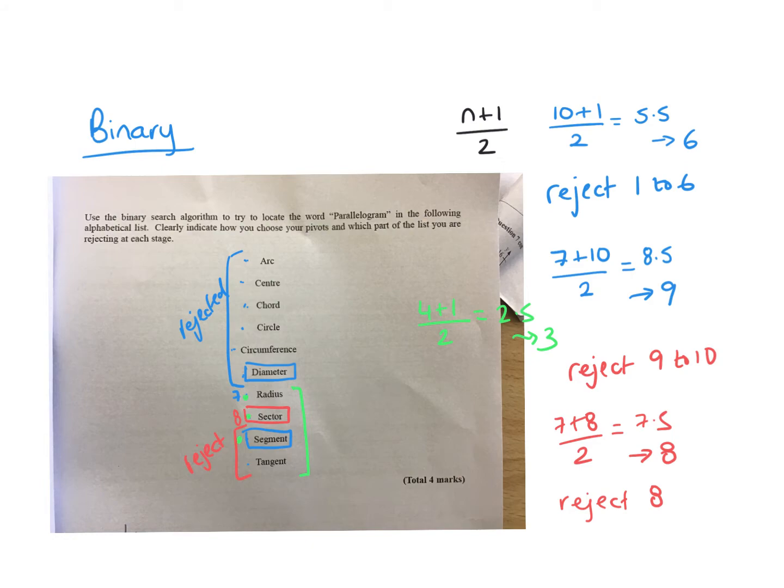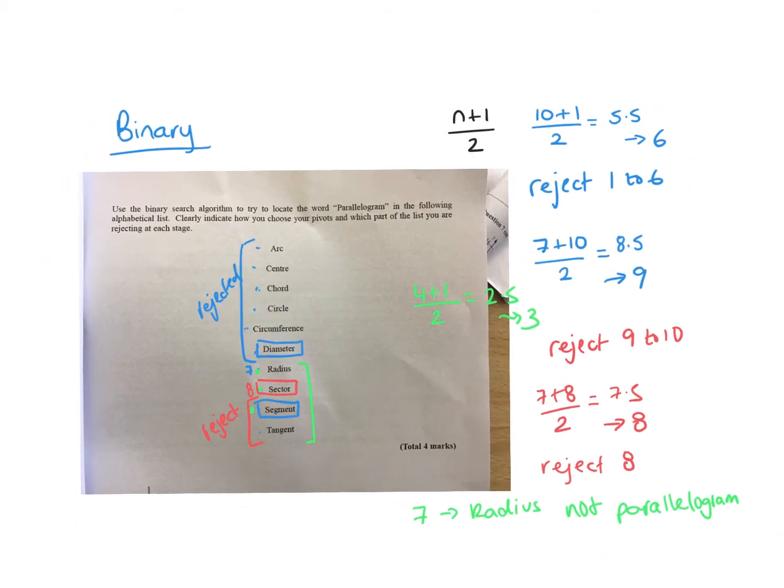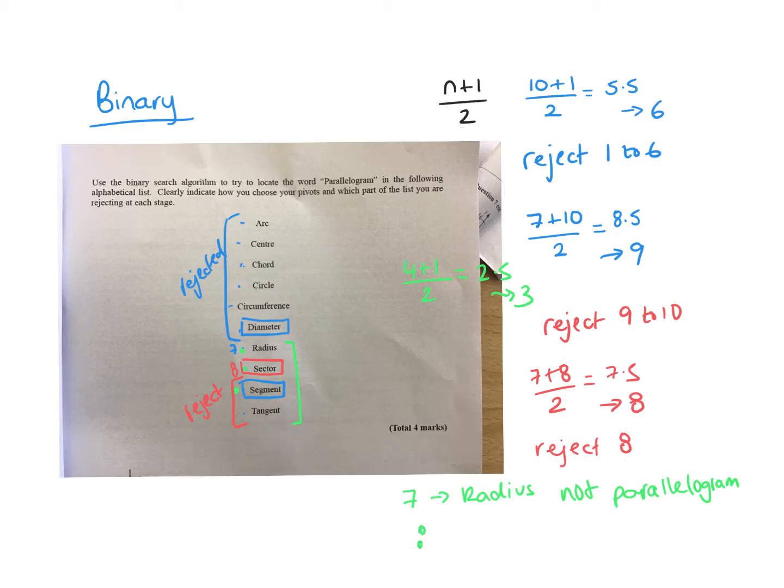You just have to say the position that's left is number 7, which is labelled radius. First of all, it doesn't begin with a P, and also it's not parallelogram. So therefore, parallelogram is not in the list.